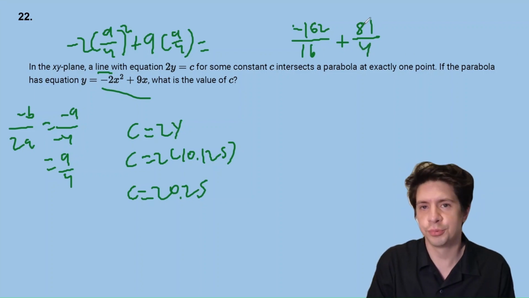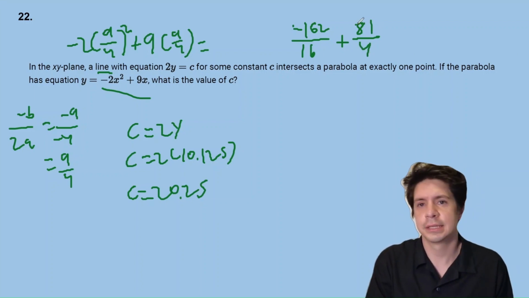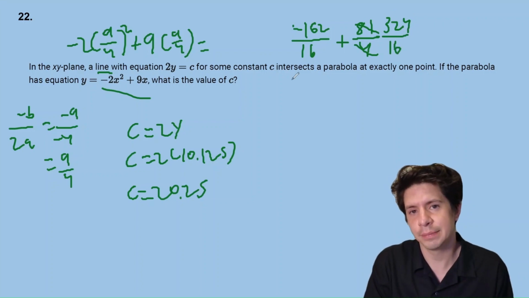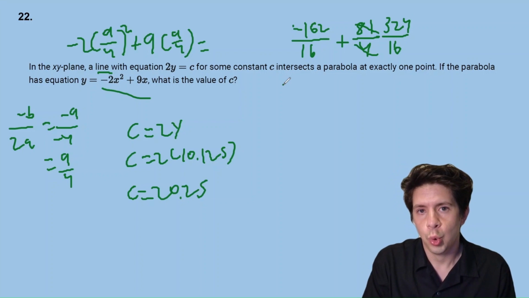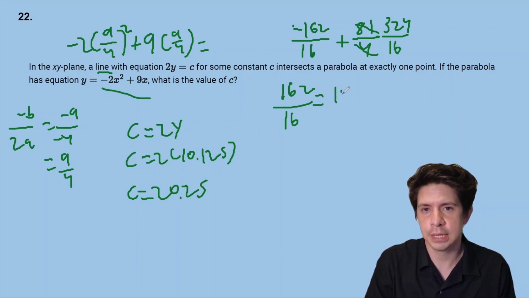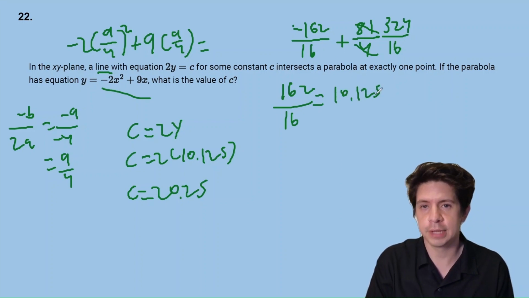So I'm going to quadruple this, right? And that's going to give me 324 over 16, which is exactly double that. So we're going to get back to positive 162 over 16, which equals 10.125, like we had before.